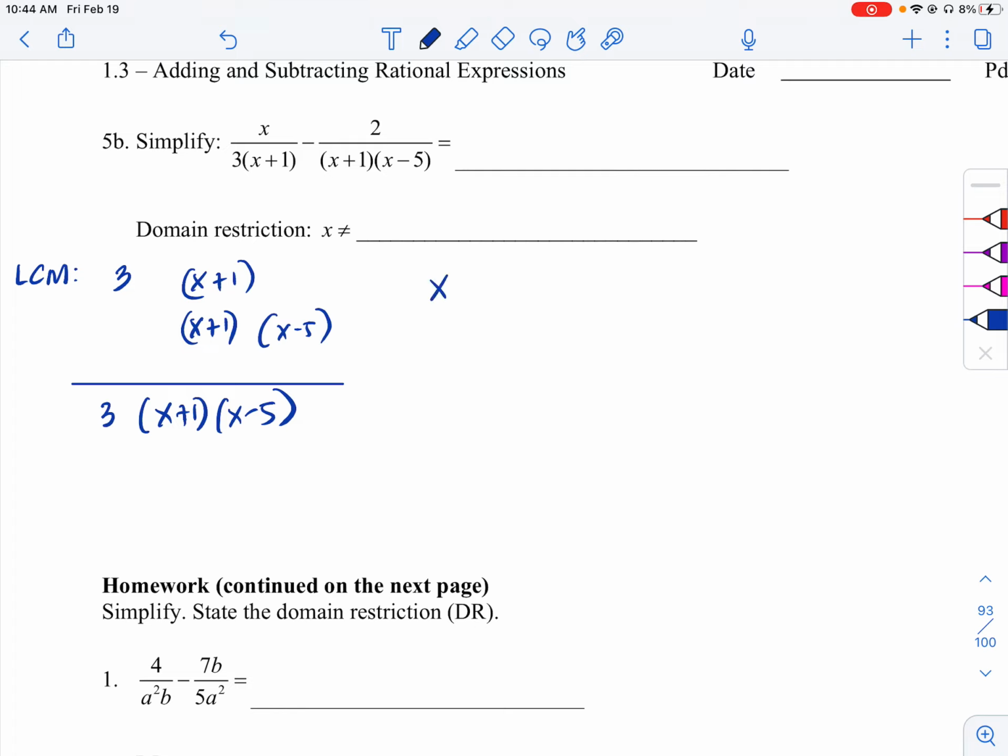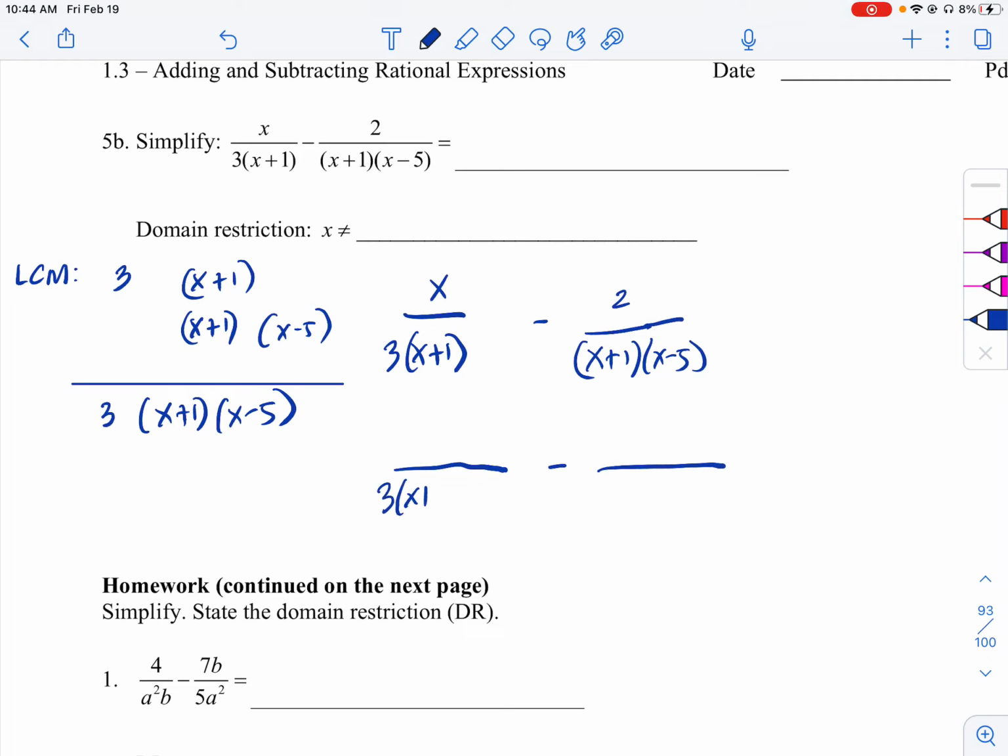Alrighty. So we have x over 3(x plus 1) minus 2 over (x plus 1)(x minus 5) equals, minus our common multiple is, so I'm going to write that down there already.